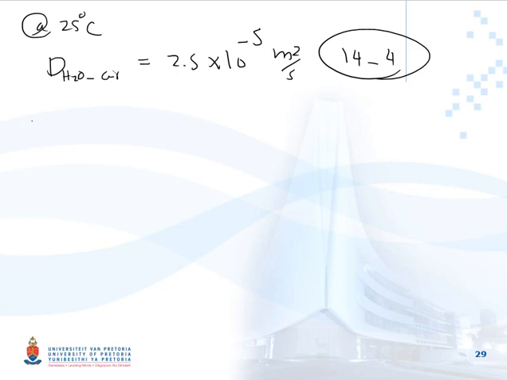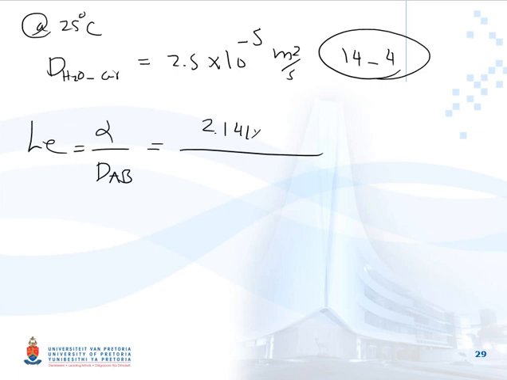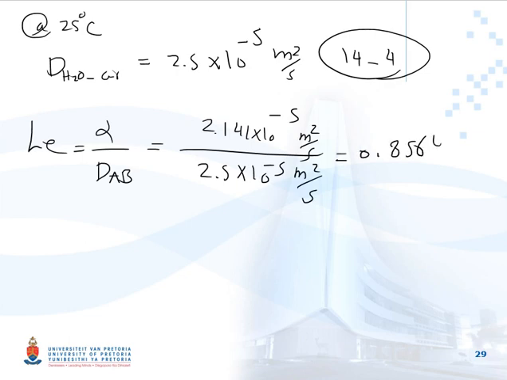Okay, so now when we have both of them, the Lewis number is alpha over D_AB, so Lewis will be 2.141 to the power of minus 5 divided by 2.5 to the power of minus 5, so the Lewis number is 0.8564.